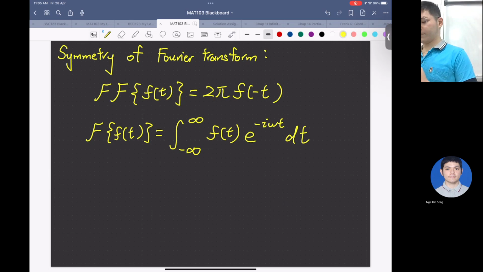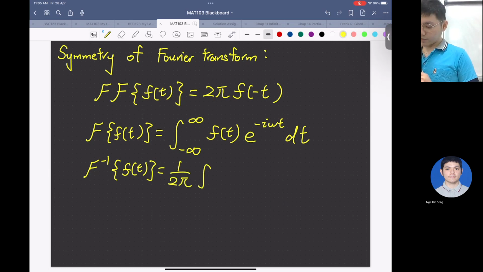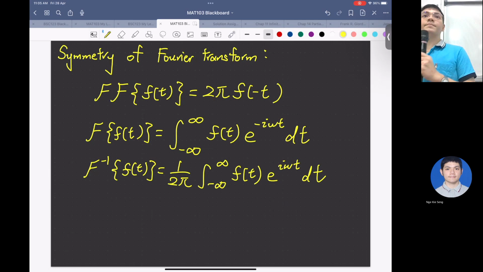In this way, if you look at the inverse Fourier transform, you get an extra 2 pi factor coming out, where the inverse Fourier transform takes e to the i omega t instead of minus i omega t. These are in the lecture notes. We are about to see how to deduce the Fourier transform twice property.